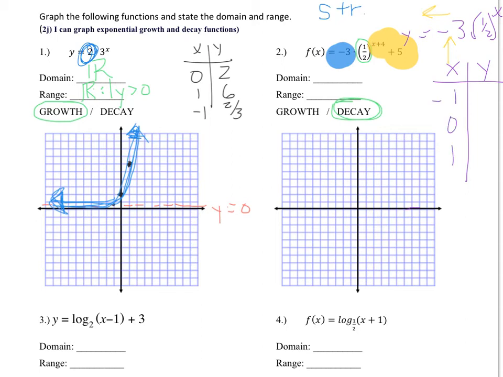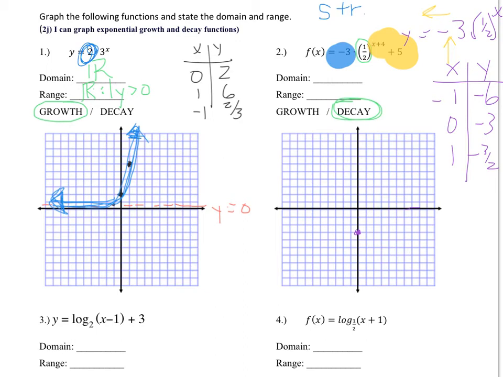Plugging in -1 for the power, 1/2 to the -1 power would be 2, times the -3 would be -6. 1/2 to the 0 power would be 1, times the -3 is -3. And then 1/2, of course, to the first power is 1/2. This would be -3/2. So this would give us some values to nail down on our graph as our first set of changes.